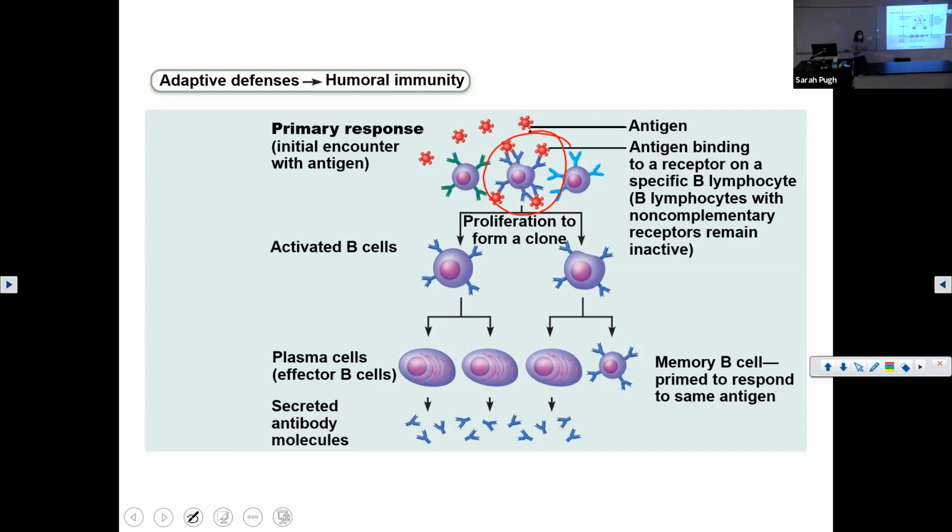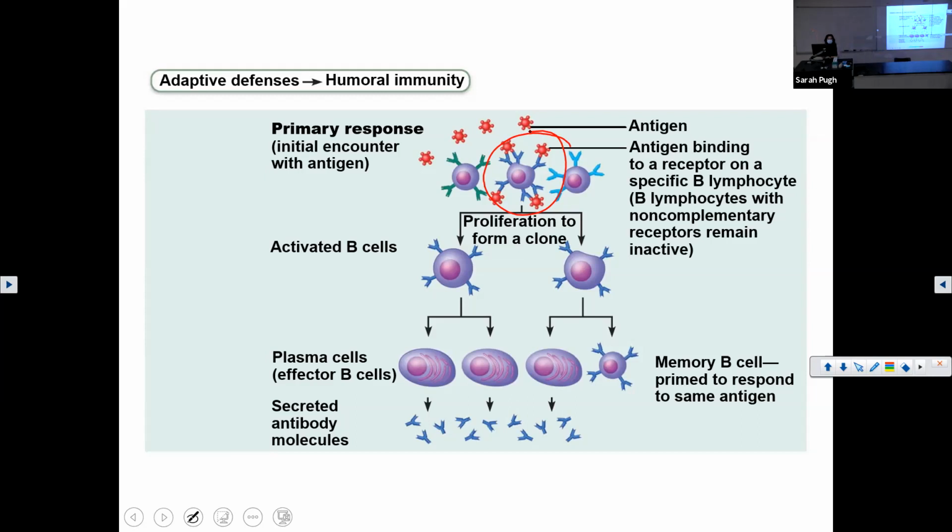So remember, I told you that B cells and T cells have specificity. They only will recognize a very particular foreign antigen. This image is trying to show you that. Again, remember, you have billions of B cells and T cells. Out of those billions, this one will recognize that foreign antigen, and that one will become activated.